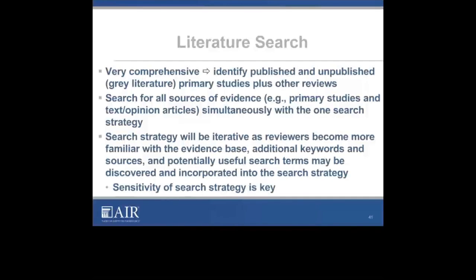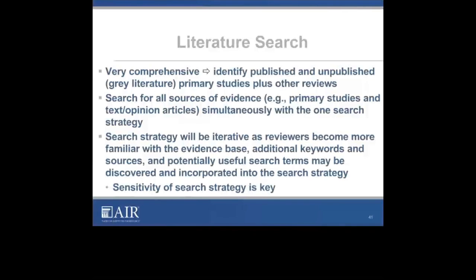Once that question is clear, the literature search is next in a scoping review. The literature search is super comprehensive, even more comprehensive than in a systematic review. All published and unpublished literature, including gray literature such as doctoral and master's theses and grant review reports, is being searched for.